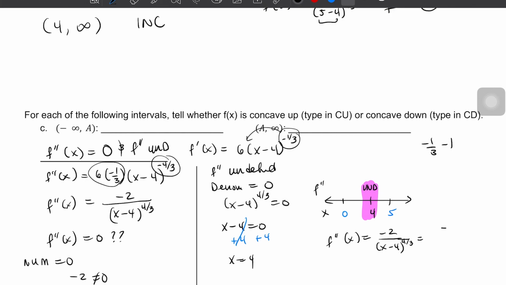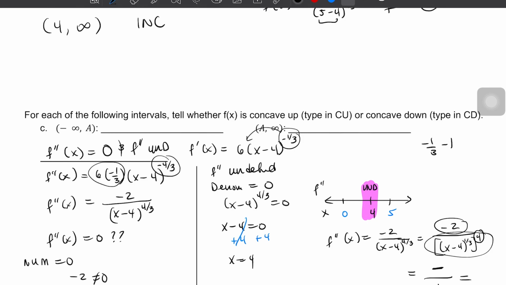Can I say something here real quick? If we know that this is being raised to the 4th power, what we can do here is have the 1/3 there and raise this to the 4th power. We can do that because remember that 1/3 times 4 gives you that power. What I'm trying to say here is we already know what's going to happen, because negative 2 is always negative, and the bottom part is always going to be positive because you're raising that to a positive power.